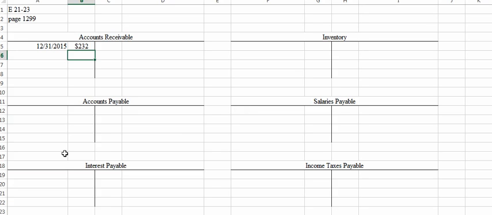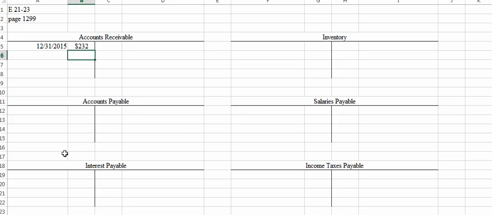Okay, now you got to ask yourself, what type of transaction causes us to increase accounts receivable? Well, accounts receivable increases when we make sales on account. We debit accounts receivable and credit sales, right? Well, if all their sales are made on account, then sometime during the year 2016, accounts receivable got debited for the amount of sales that happened during the year.